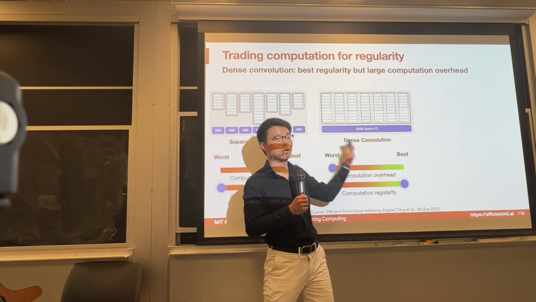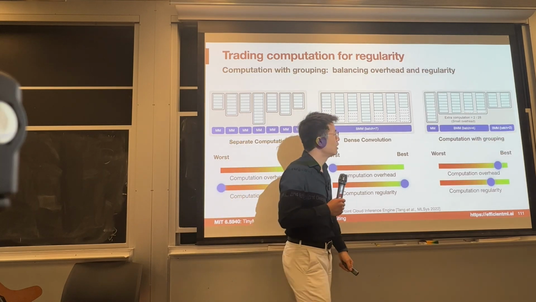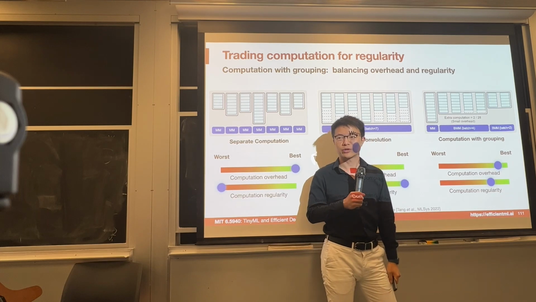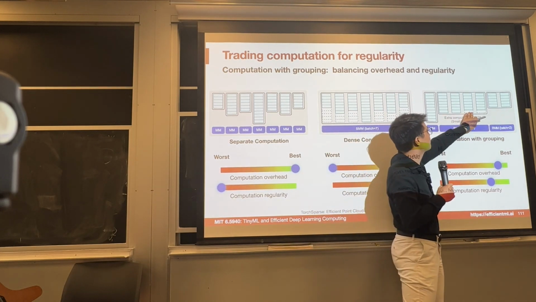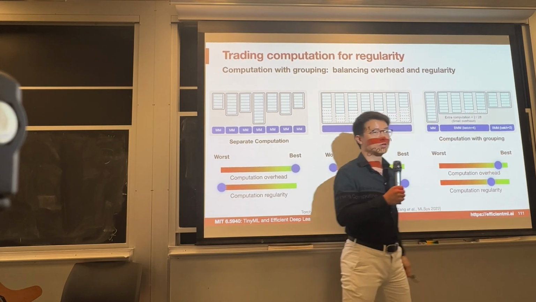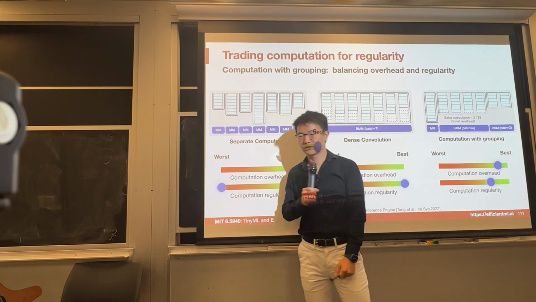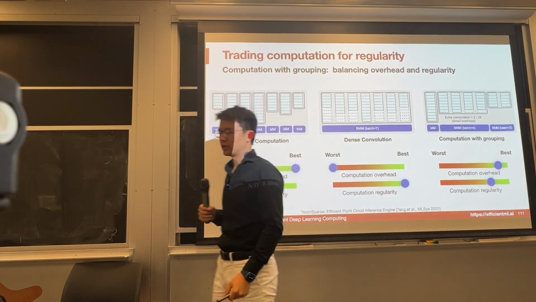You can parallelize the whole chunk of computing through a high-throughput GPU. But what we did here is computation with grouping. We group some of the similar matrix sizes to pad only a little bit, group those small matrices together, and launch 3 GPU kernel calls, which is a good balance between computing overhead and regularity.